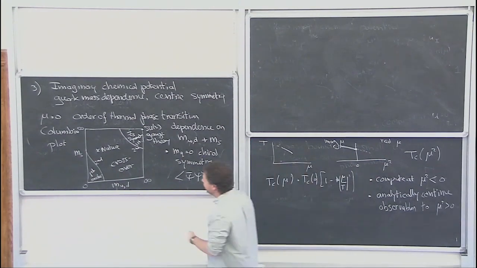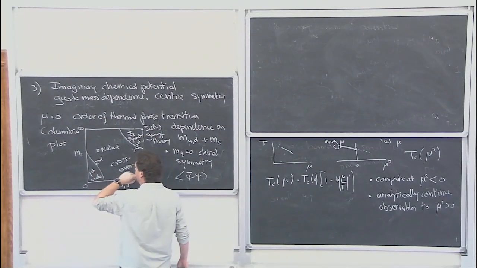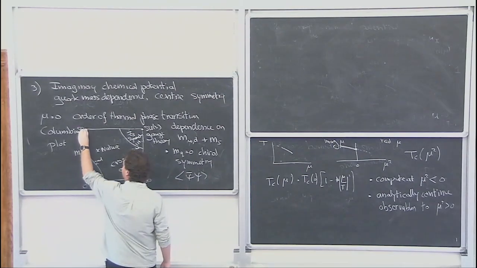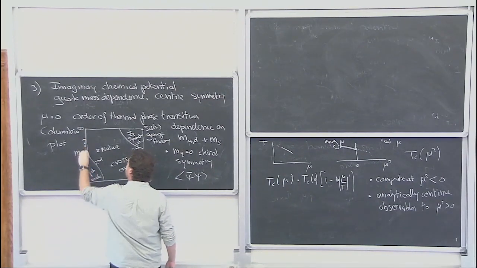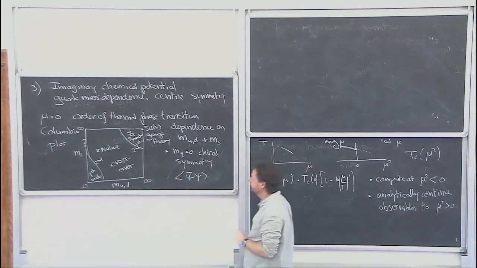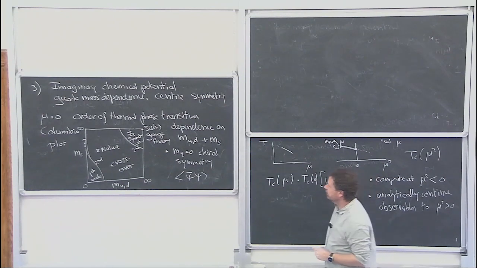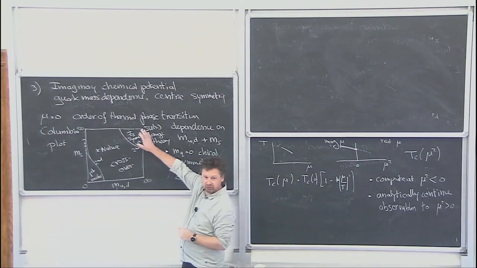Now this line here is still open, so it could go like this, but it also could go otherwise. So this region here is still a question mark. This region is kind of done and dusted, so this is understood.